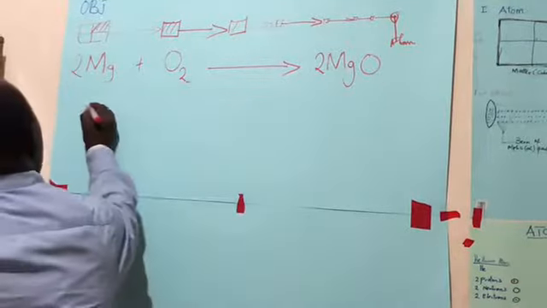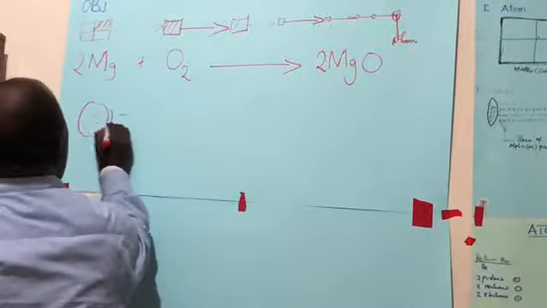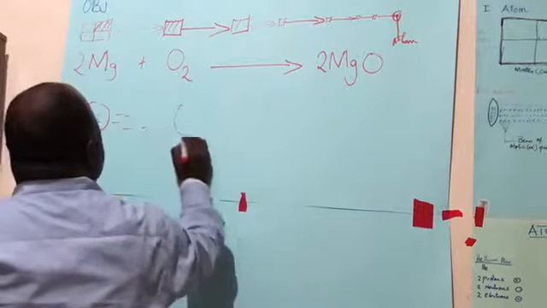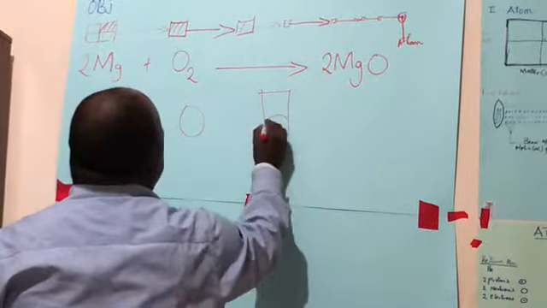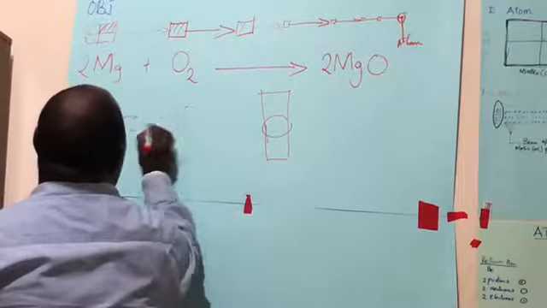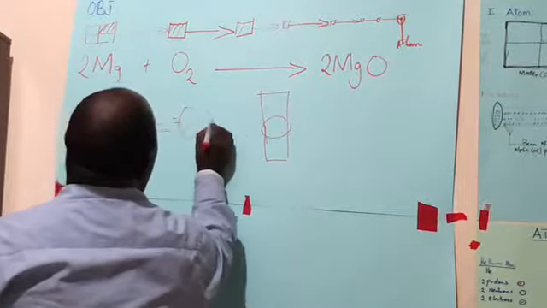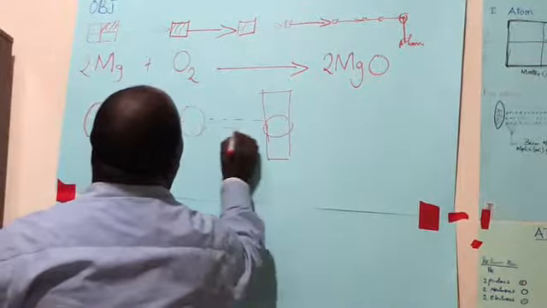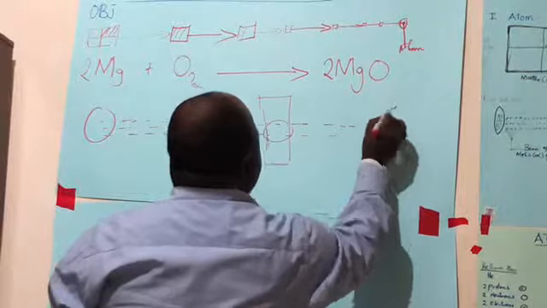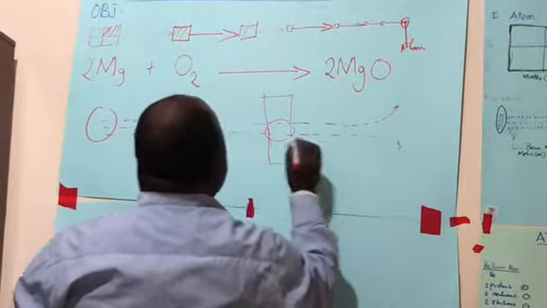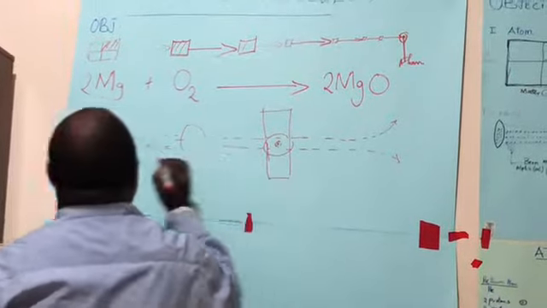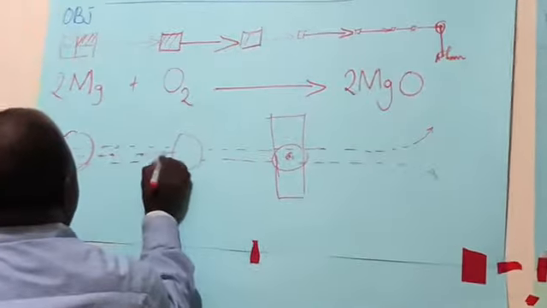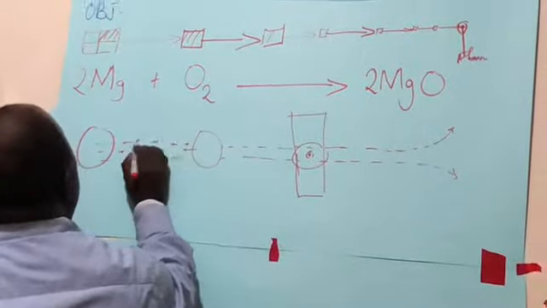He passed a beam of particles toward a thin foil. All these particles passed through. Some went out, but at the nucleus of the foil, the nucleus was positively charged, and all alpha particles are positively charged.